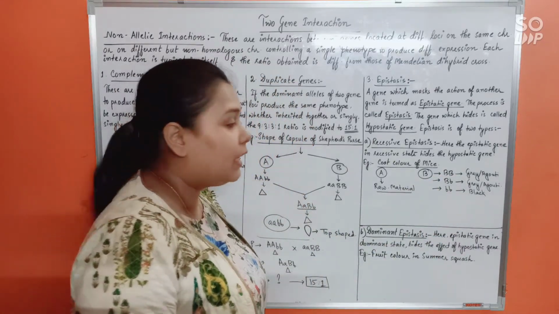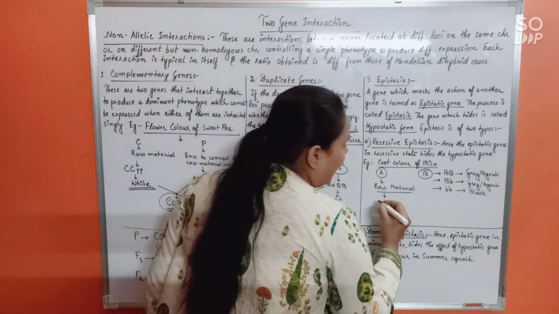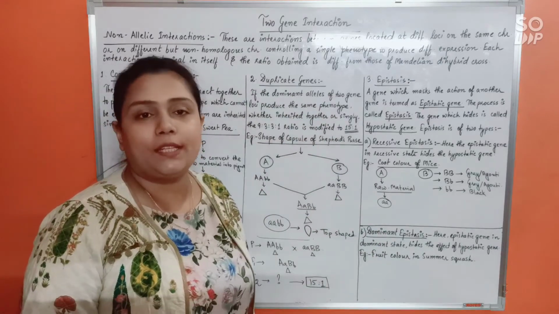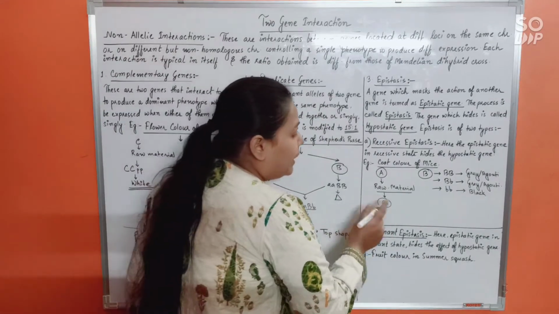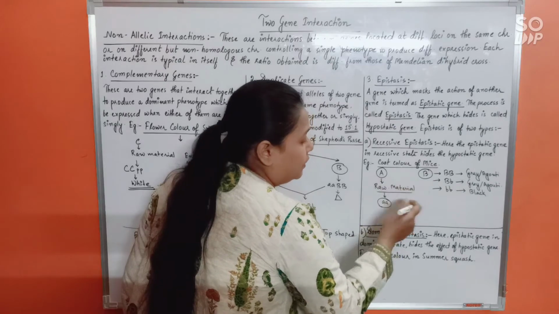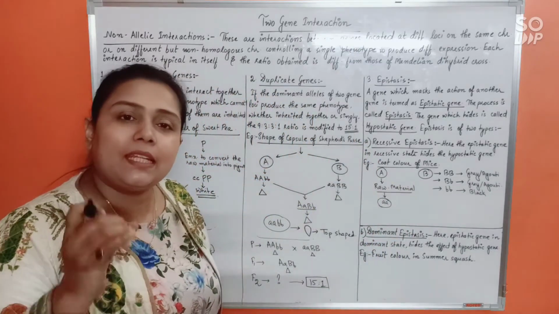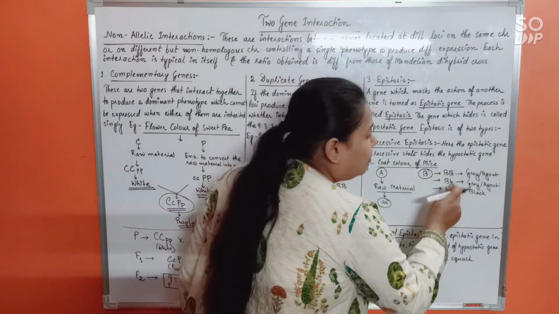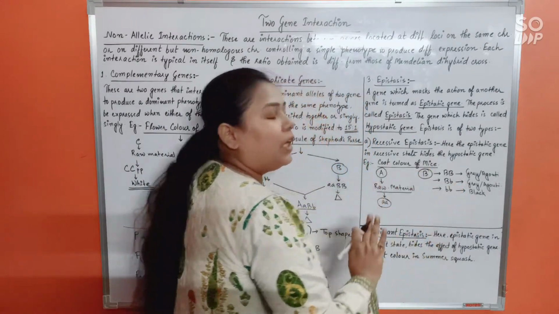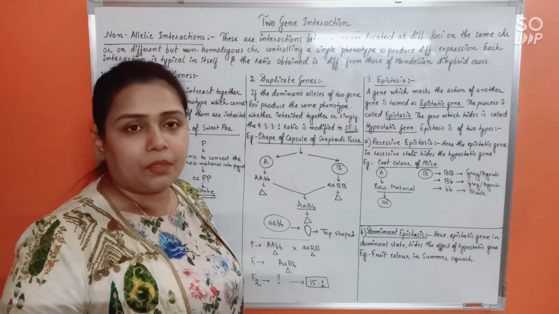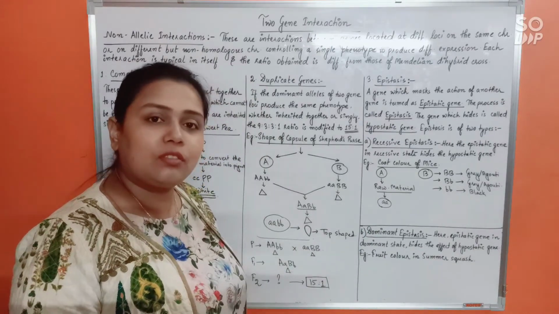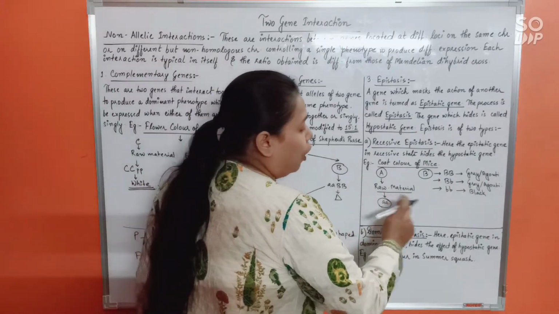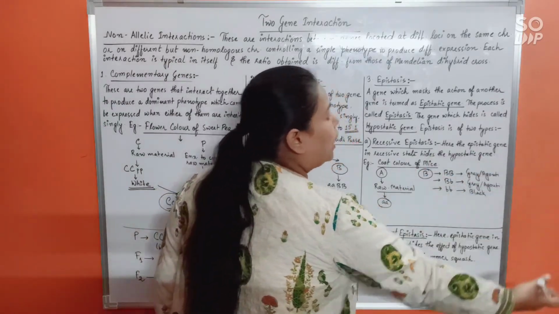Understood that? Fine. Now suppose gene A is in the recessive state, small a. That means the raw material itself won't be present. If raw material itself is not present, whatever combination gene B is present in, will there be any color produced? Gene A was supposed to make the raw material which gene B was supposed to convert into color.